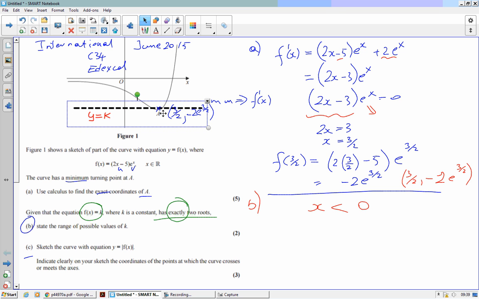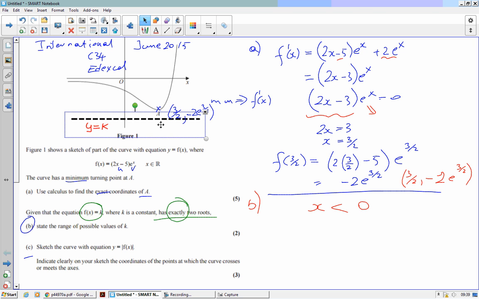But of course, once you get it to be equal to that, there's only one root. If it were bang on −2e^(3/2), then there would be one real root. And of course, below that there's no real roots. Now it says exactly 2, so it can't have 1. Then it needs to be greater than this number here.